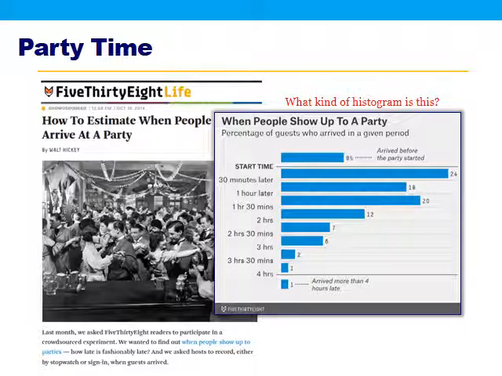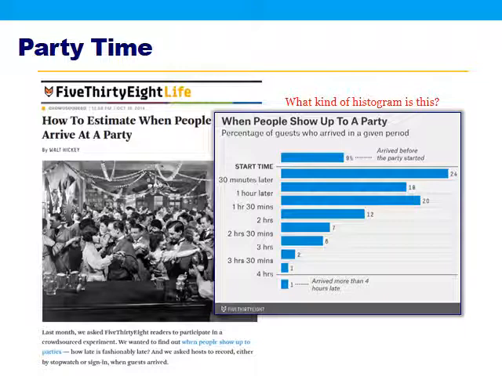So if they were told that the party started at 9, they might say, okay, well, I'll show up at 9:15 or 9:20. Some people are showing up even later than that. So this bar, for example, shows us that 20% of people are showing up between 1 hour and 90 minutes after the advertised start of the party. So if the party started at 9, these people are showing up between 10 and 10:30.